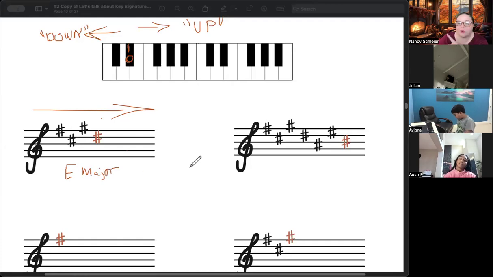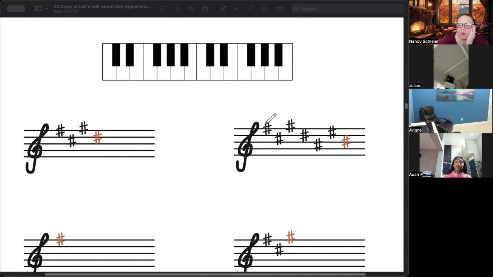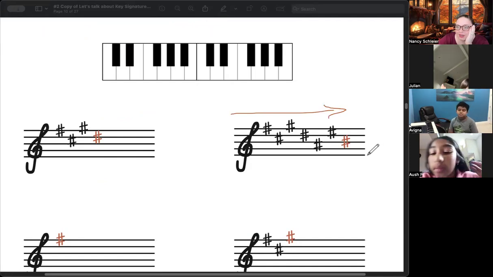Okay, now this next one is a tricky one. So we're going to go through that one together as well. If I look at the last sharp, what sharp is that?